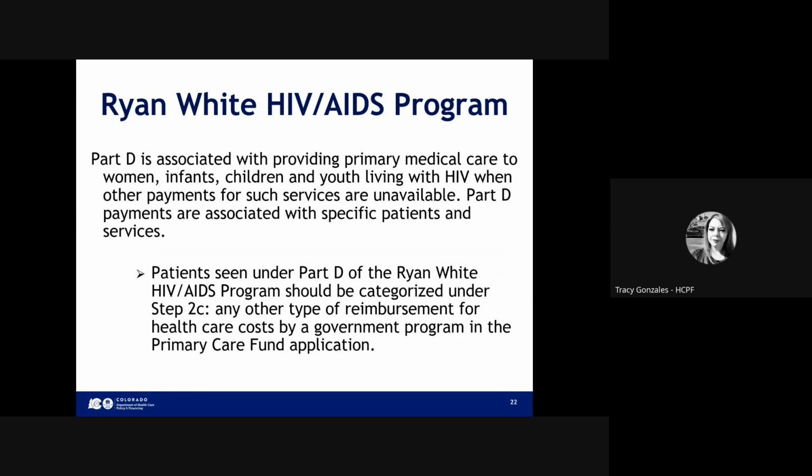Part D of the program is associated with specific patients and services. Therefore, those patients that were seen under Part D of the Ryan White HIV/AIDS program should be categorized under Step 2C.